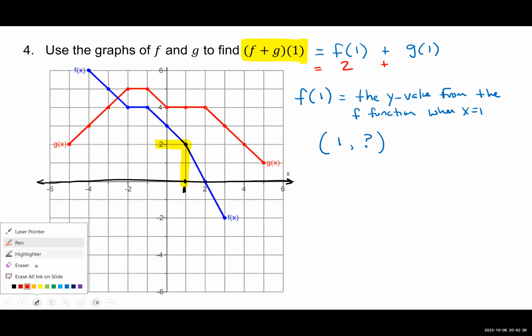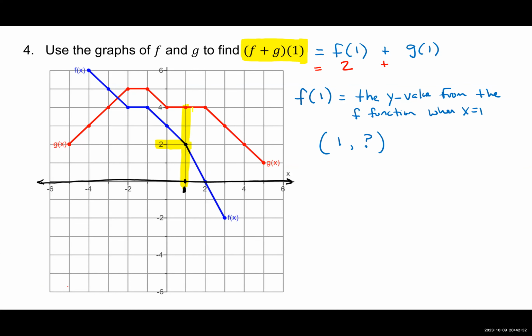All right, so we can go up to the red graph, or the graph of g, and it looks like that point has a y value of 4. So I'll make this point a little bit bigger. That point right there is the point 1, 4.